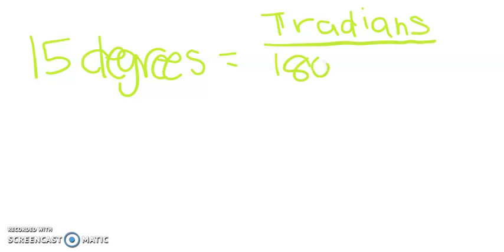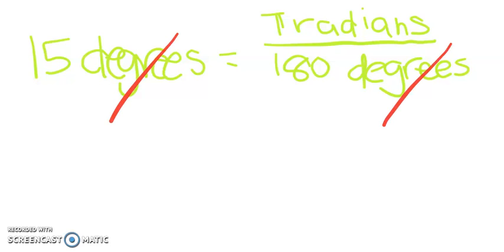Well, we're going to use the opposite equation that we used earlier, which will be pi radians over 180 degrees. As you see, our degrees cancel out, which leaves us with 15 times pi radians over 180 degrees.